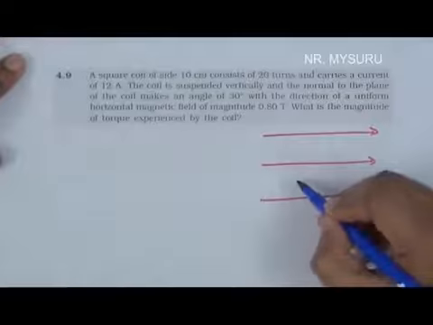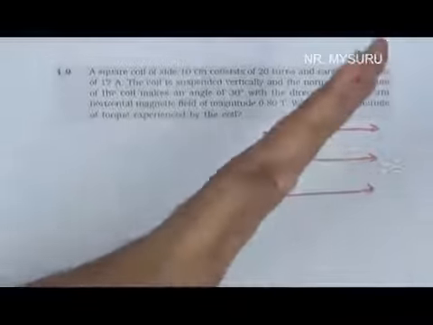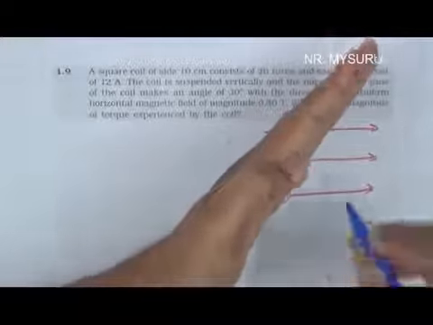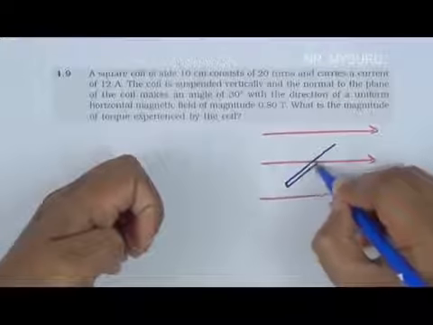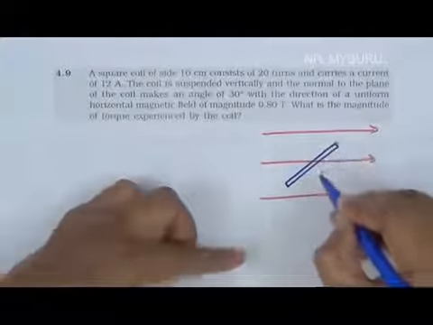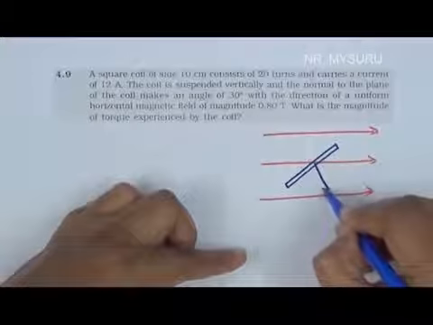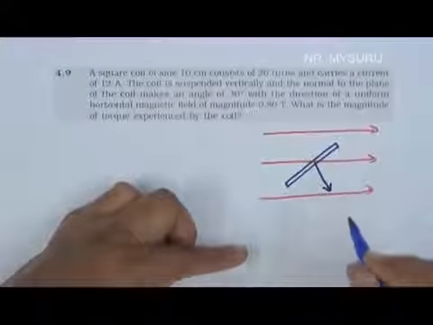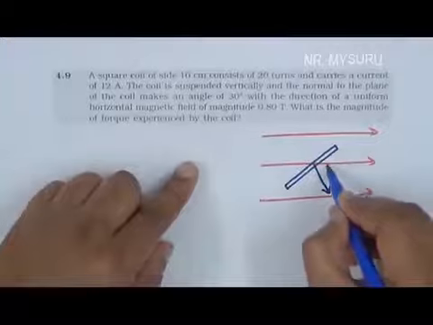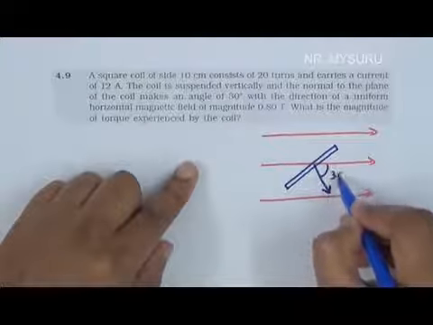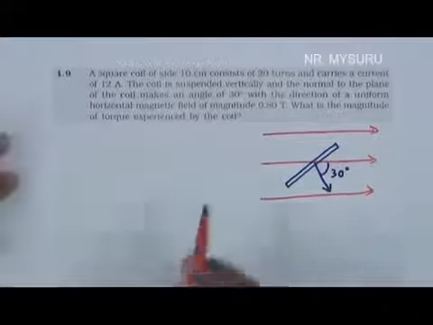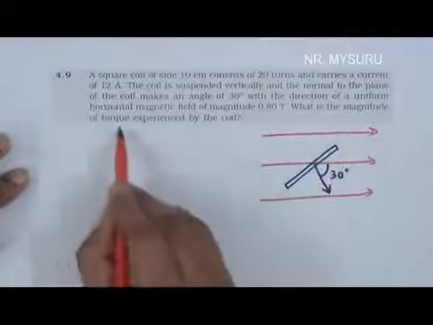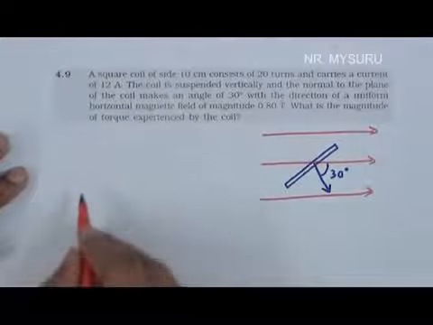This is the rectangular coil, and this is how it looks from the top. The normal to the plane of the coil makes an angle of 30 degree with respect to the magnetic field. So this is 30 degree. What is the magnitude of torque experienced by the coil?